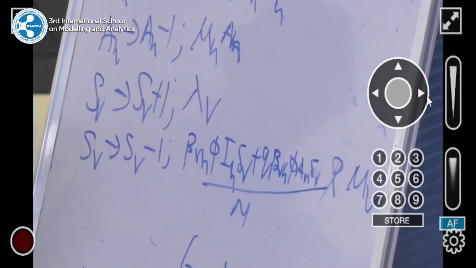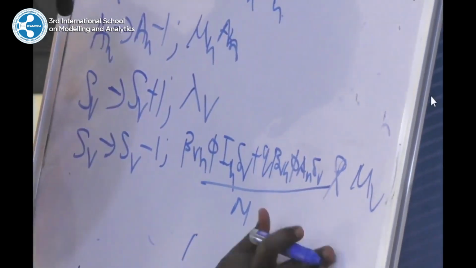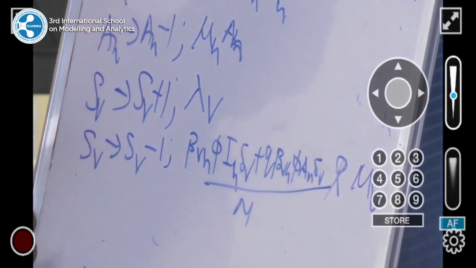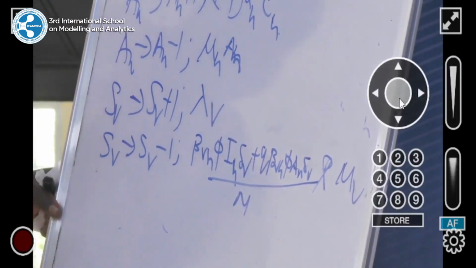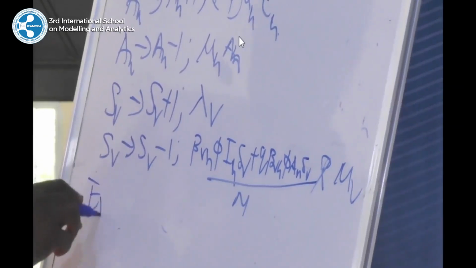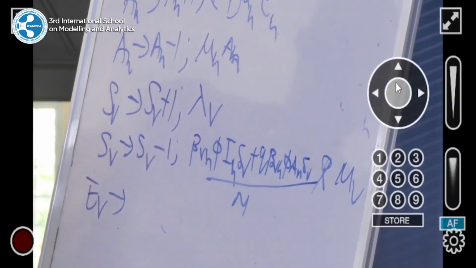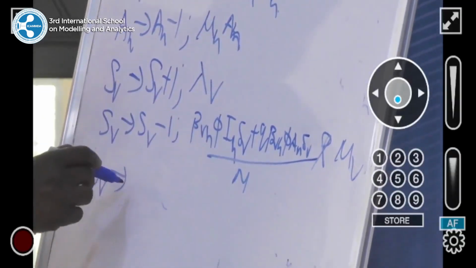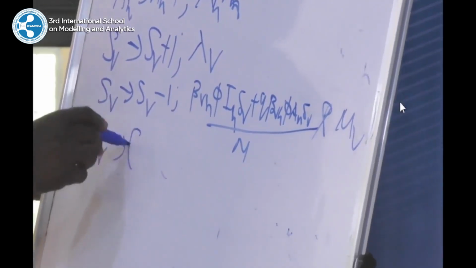Rate at which it is going out. So, and then we have EV. So this one is EV.